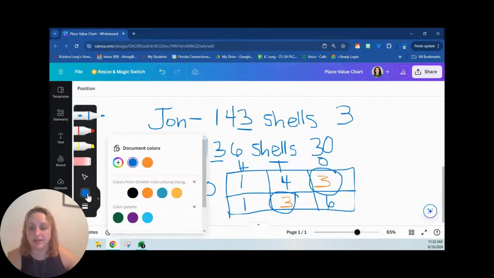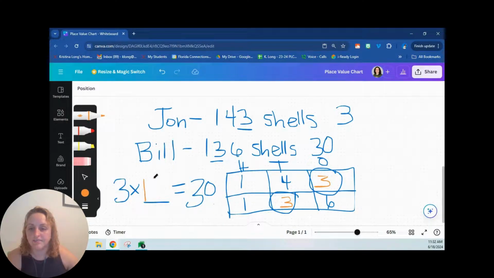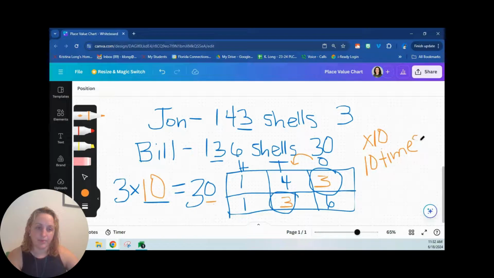I multiply by 10, right? I've added a 0. I've gone up 1 place value. So Bill's 3 is 10 times greater than John's 3. We could write it: 10 times greater. See, I'm writing with my mouse, so it takes a lot of focus.